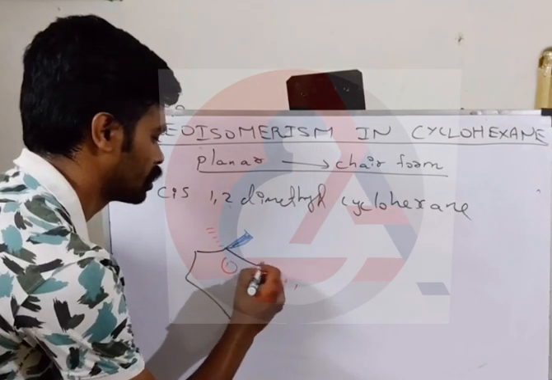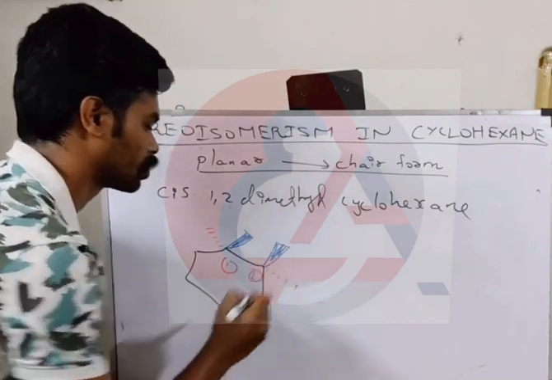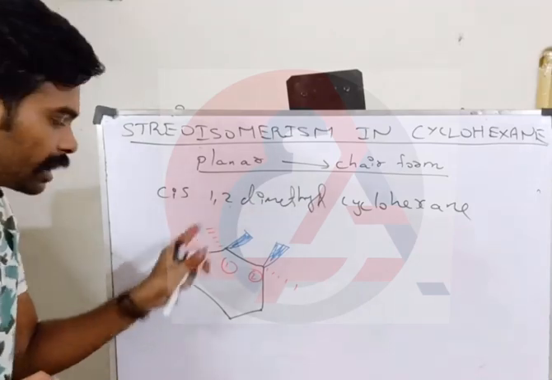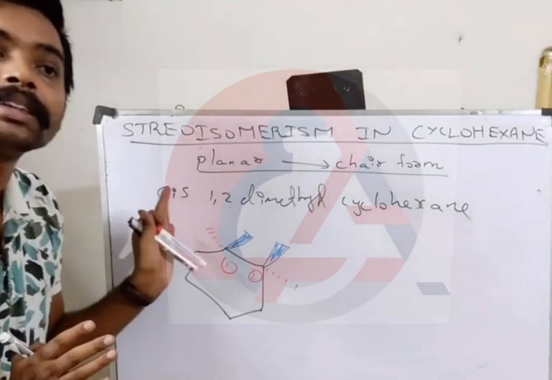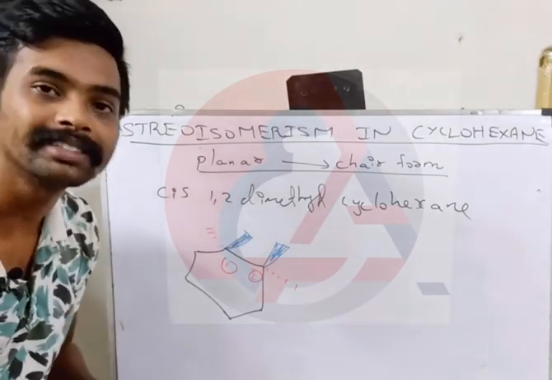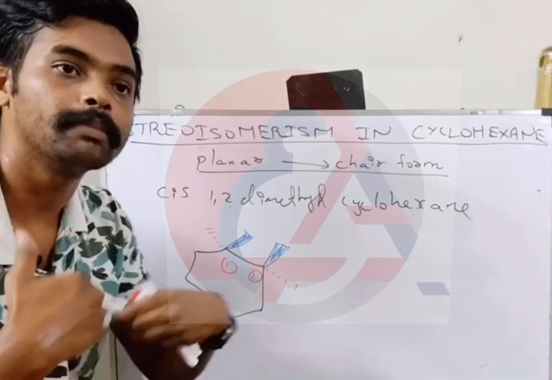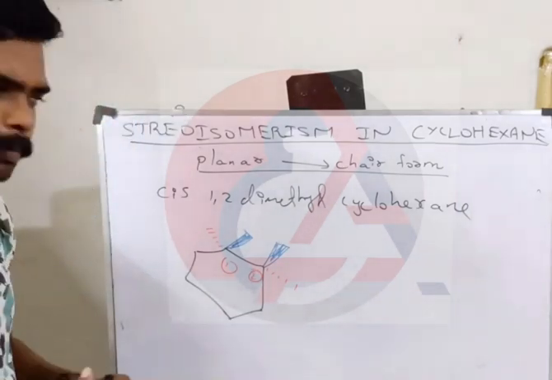So the wedge. Here also the bond is pointing towards you. So there are going to be two bonds, and one of the bonds you are going to point away, the other bond is going to point towards you. Now, if both the methyl groups are cis to each other, you have to make sure that either both of them are pointing away or both of them are pointing towards you. So what can be the possibilities?